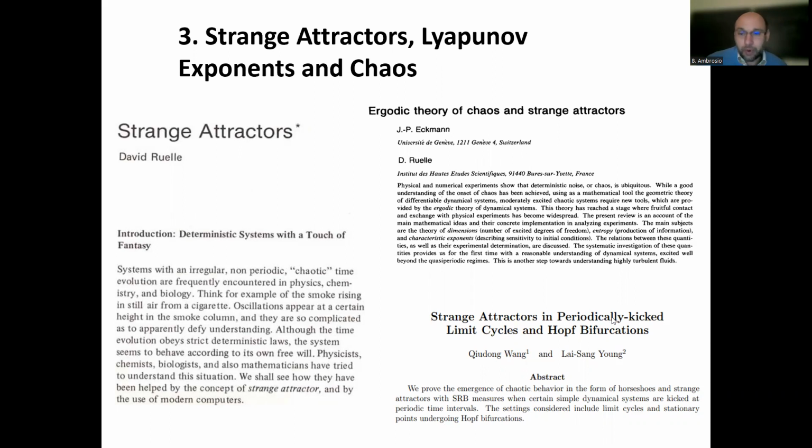And then you have also this one, or also the one of Lei Songyong and Kevin Lin, who makes the link between these strange attractors, chaos, and limit cycles and Hopf bifurcations. So the material will be posted online, and so you can have a look at this.